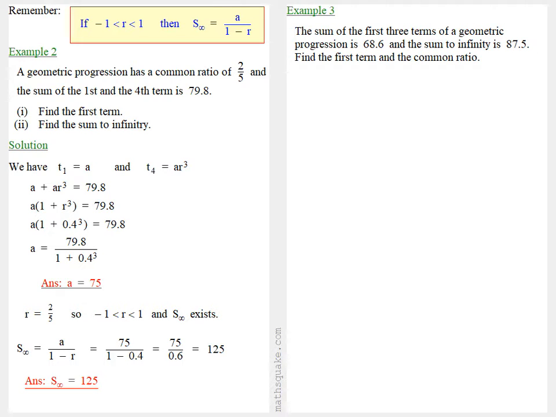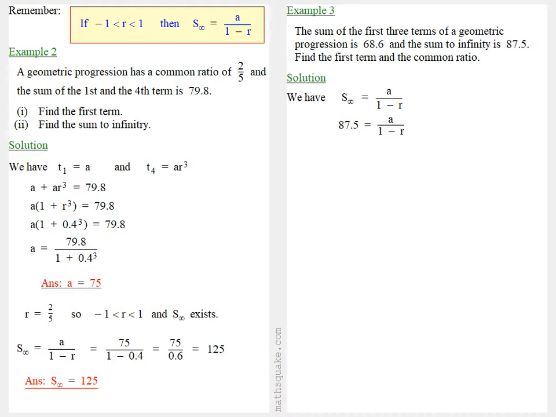Now in example 3, we're told the sum of the first three terms of a geometric progression is 68.6, and the sum to infinity is 87.5. Find the first term and the common ratio. Well, to solve this we have the sum to infinity is a over 1 minus r.